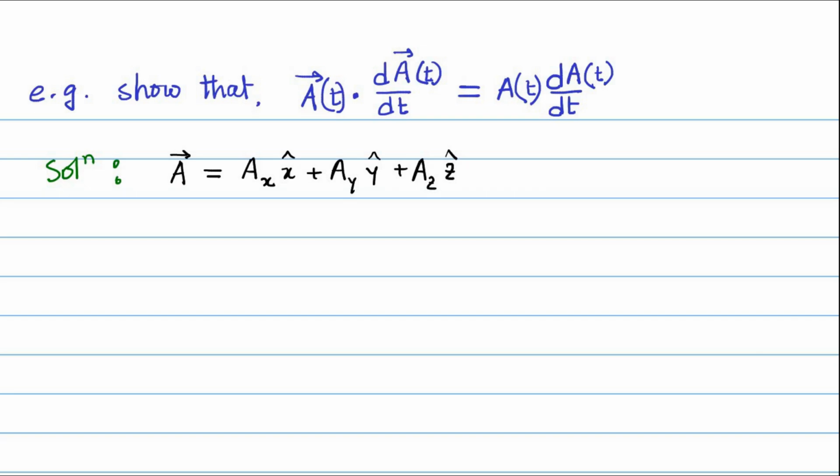And of course, the magnitude of A is simply the sum of the squares, so ax squared plus ay squared plus az squared with an overall square root. Okay, and you can just by brute force differentiate the magnitude. So you have dA over dt.